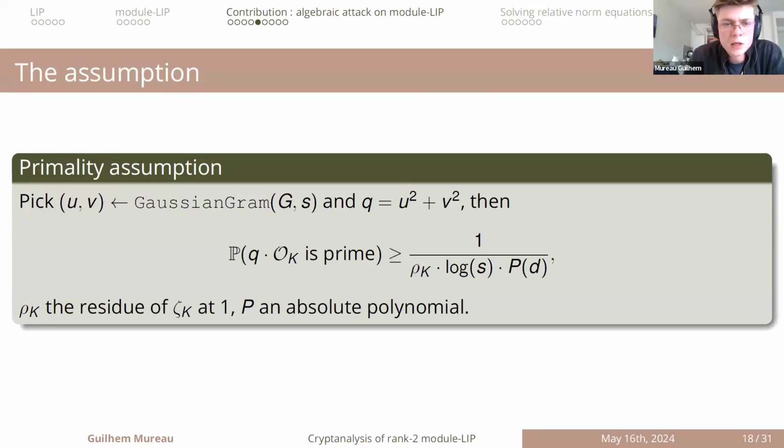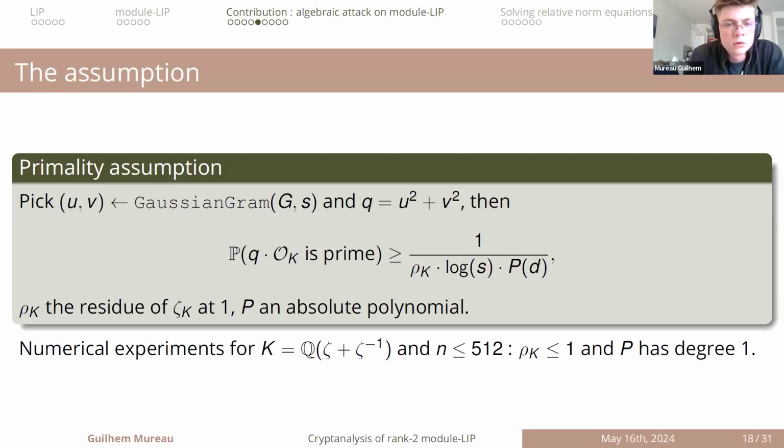What we assume is that, given an element Q, which can be written as the norm of U squared plus V squared of a module vector, the probability that the principal ideal generated by Q is prime is bigger than 1 over rho_K, the residue of the Dedekind zeta function at 1, times log s times p of d, where p is an absolute polynomial.